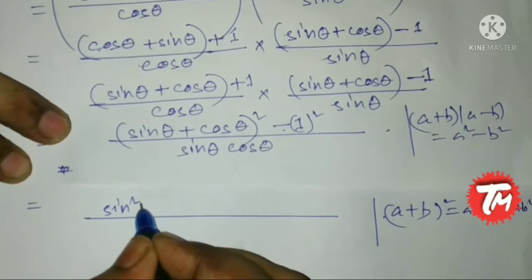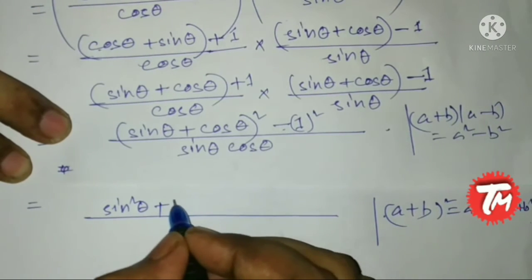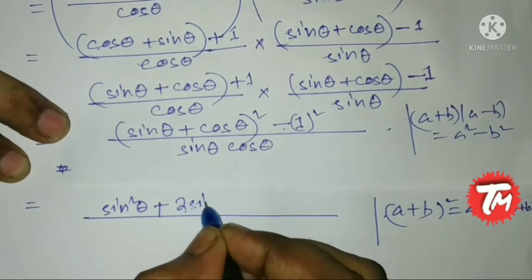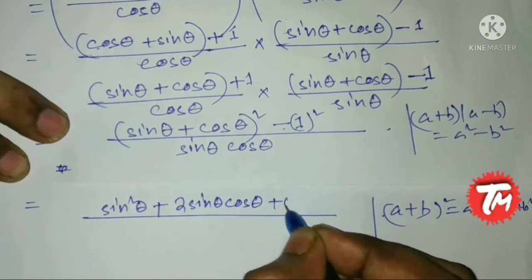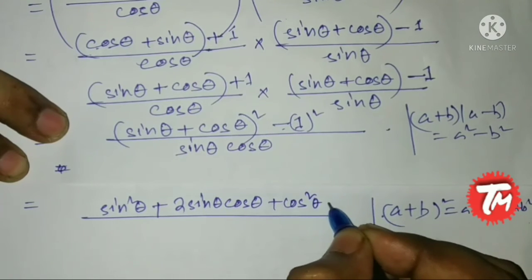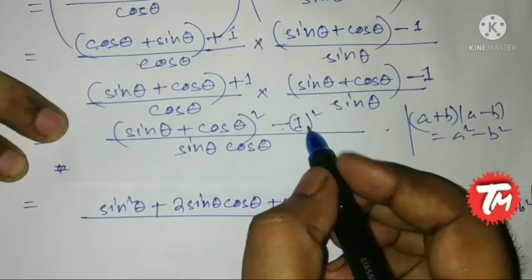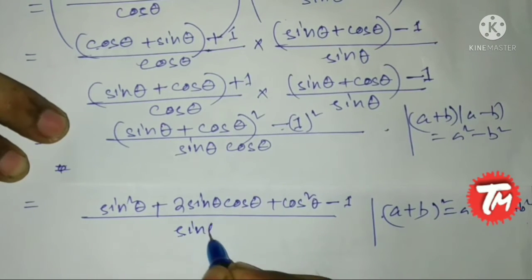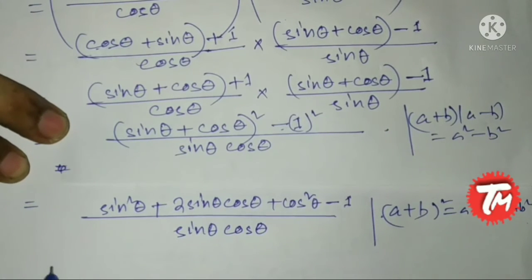Sin square theta, plus twice sin theta cos theta, plus cos square theta, minus 1 square means 1, divided by sin theta cos theta.